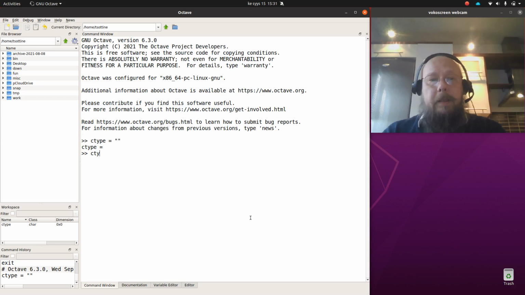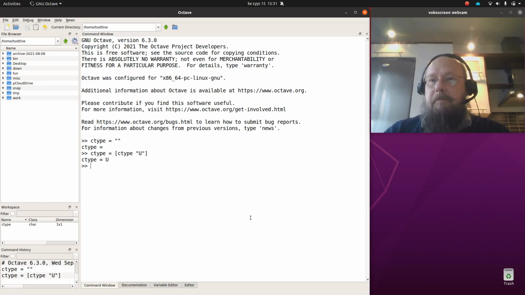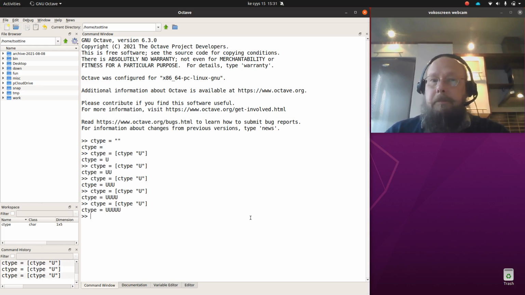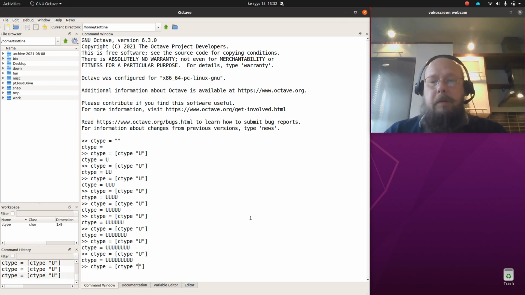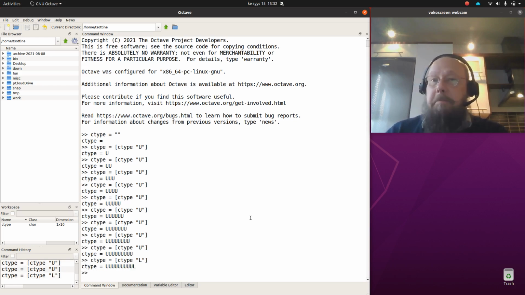Then I say Ctype will be Ctype, and then, well, let's put the U there. It could be any. Now it's like this. Then I do it again, and again. So I think it's obvious how this works. Let's do something else. Let's put L, for example. Then it's an L.